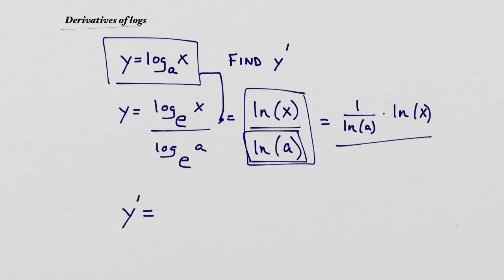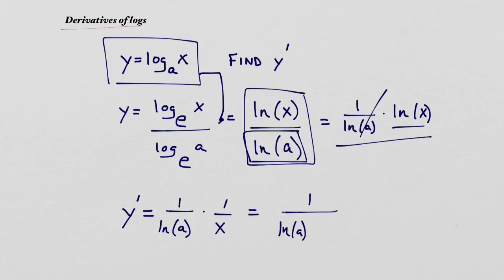Because 1 over the natural log of a is a constant, I'm just going to pull that out front. That's dealt with now. And then the derivative of the natural log of x is 1 over x. So my final answer is 1 over ln of a times x. Of course, if you want to put the x in front, so it's 1 over x natural log of a, that's fine as well. But this is the derivative of log base a of x.